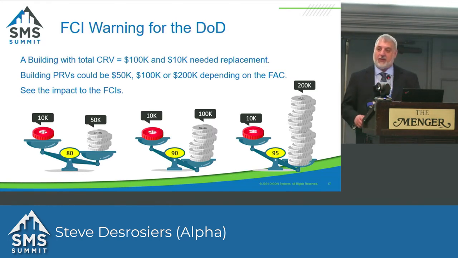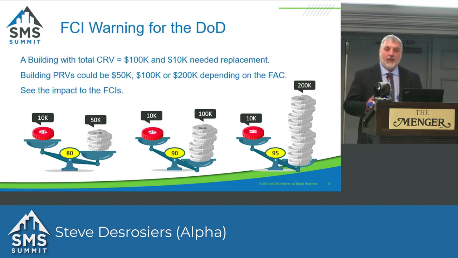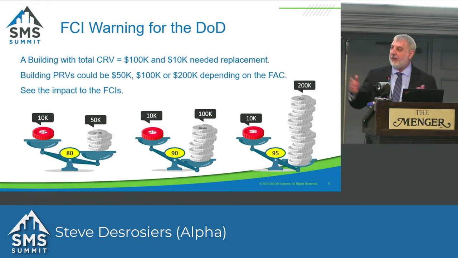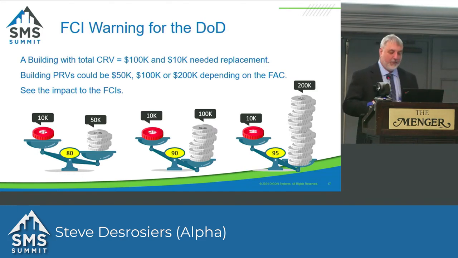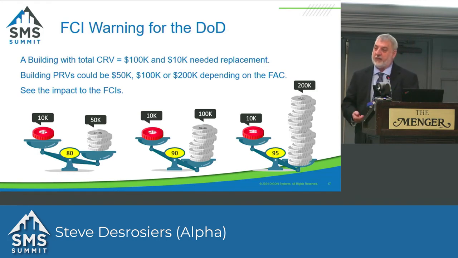But in the DoD, the PRV of the building depends on what the FAC is. Now, show of hands, who knows what the FAC is? Oh, by the way, if you raised your hand, you're out because I didn't say Simon Says. So the FAC is the Facility Analysis Code, and it's the code that's assigned to the building that gives you a unit cost to calculate the PRV.